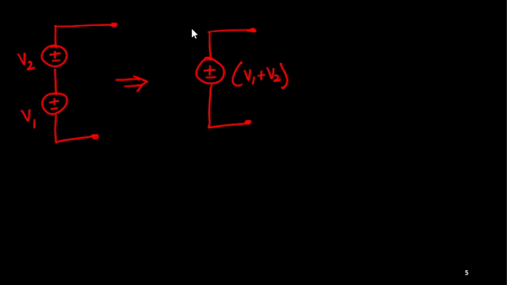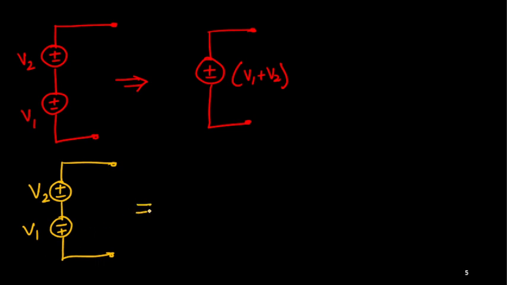Like this one, if I have one voltage source like this and another voltage source, this is negative and this is positive, this way, this is V2 and this is V1, this one we can easily combine and we can get one equivalent voltage source like this.